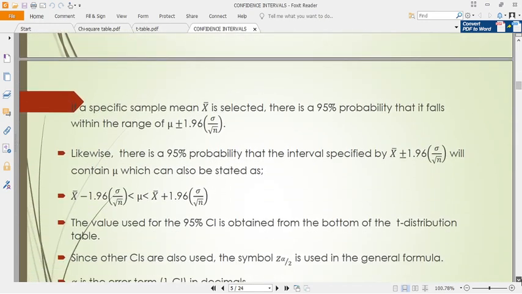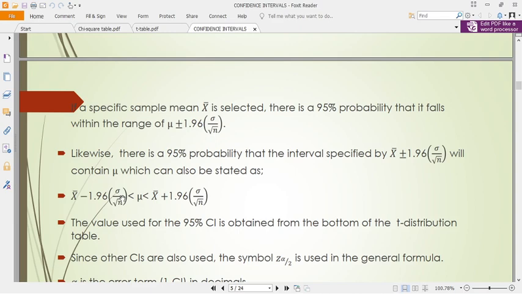So if a specific sample mean X bar is selected, there is a 95% probability that it will fall within the range of the population mean plus or minus what we call the error estimate. So likewise, for 95%, the probability that the interval specified by this will contain mu can be denoted as this. So we see that here we are adding and subtracting the error of estimate.